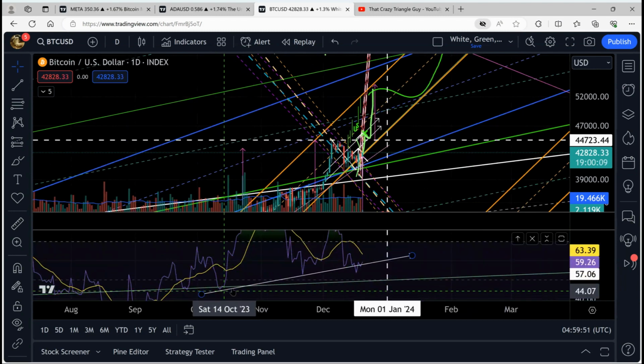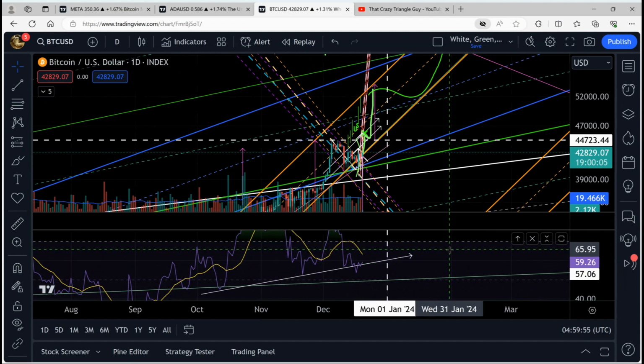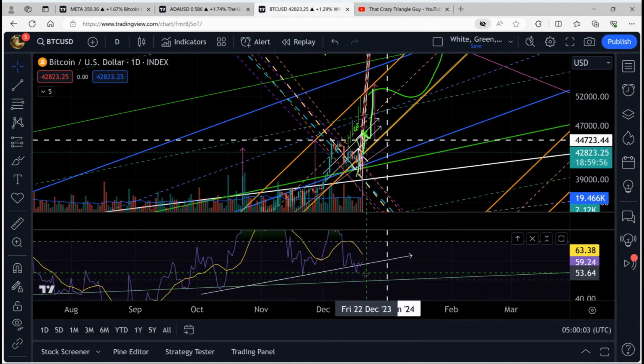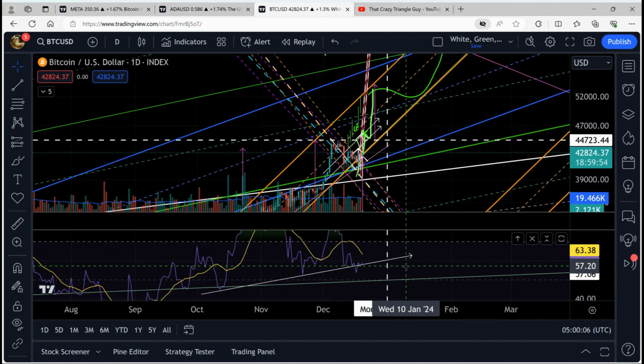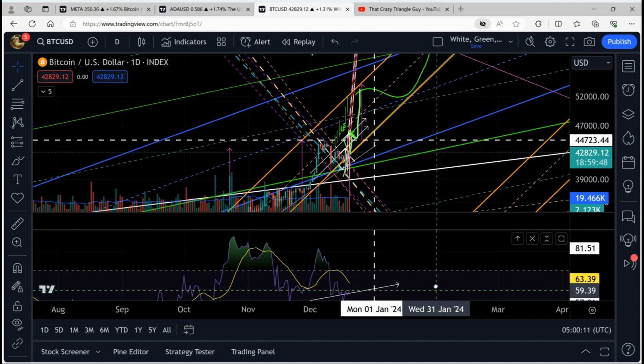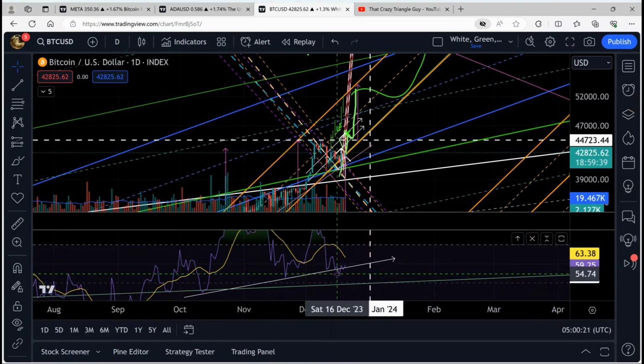Now we did fall through here, so connect those two. That doesn't give us much of a trend line. So I'm just going to leave that where it is for now. But what I do want to note is that we do have a higher low here.